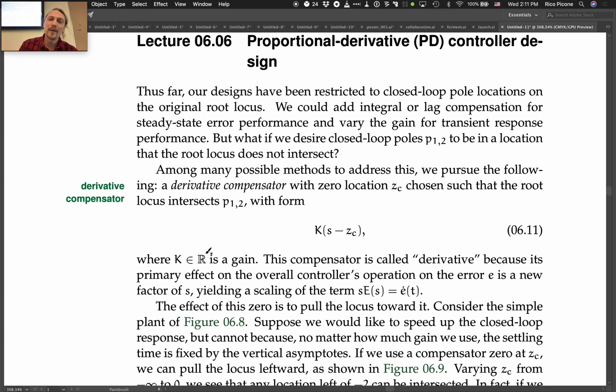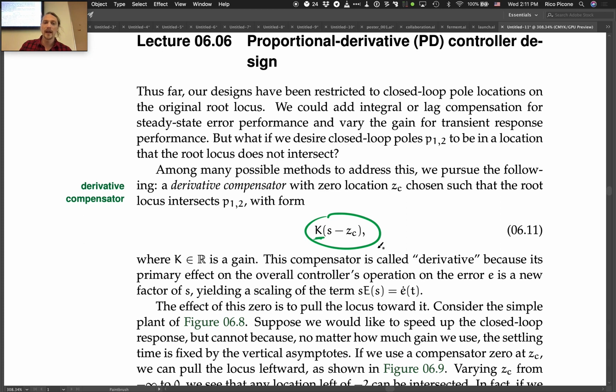So among many possible methods to address this, we pursue the following: a derivative compensator with zero location ZC chosen such that the root locus intersects that desired closed loop pole location P1,2, with the form some gain and then some zero. Okay?